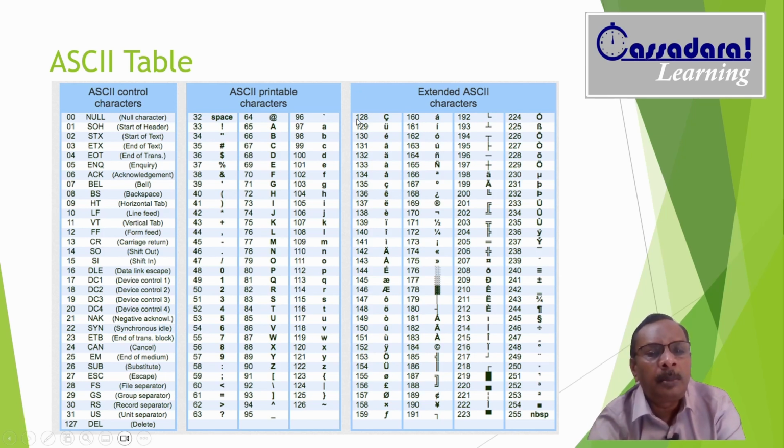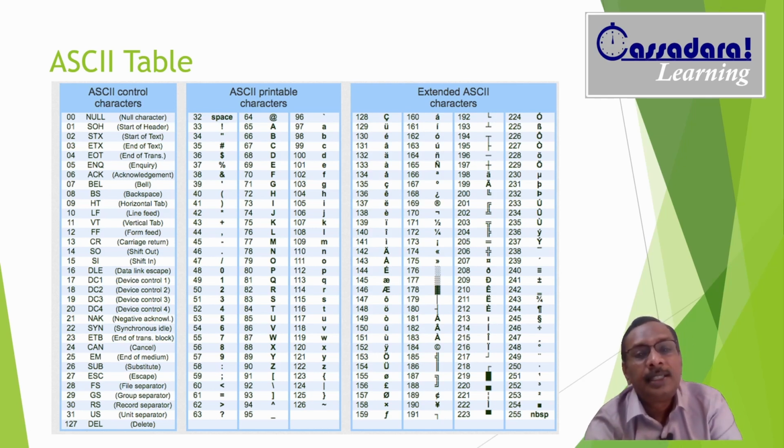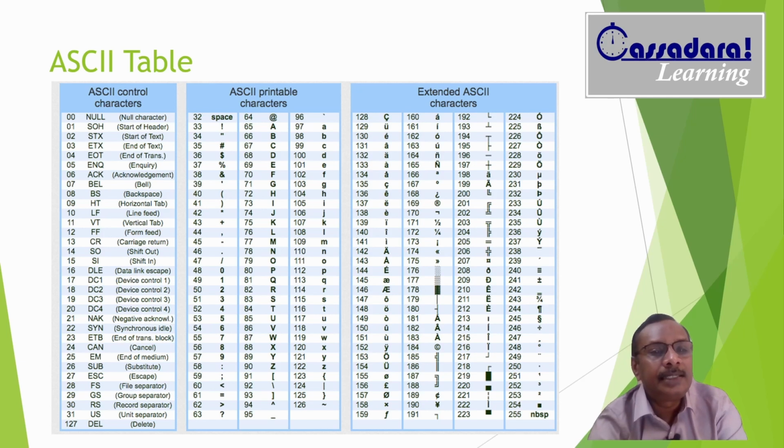You need not memorize all these things, it's just for your information. Just understand how a character is represented and converted into machine language using binary, how it is directly converted into a binary equivalent.